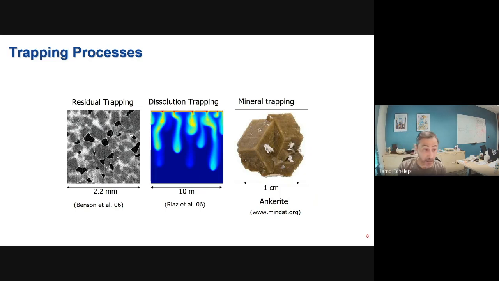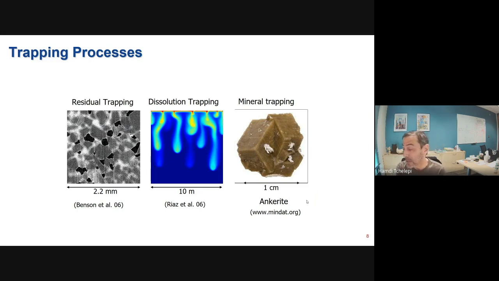The other trapping mechanism is what I showed you in the underlying current of the cartoon, where the CO2 now dissolves into the underlying water with convective instability and carries the CO2 away from the top of the formation, making it mix with the water in a homogeneous way and staying in the subsurface, being no longer immiscible and no longer buoyant with respect to the brine.